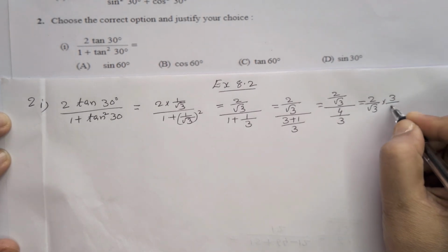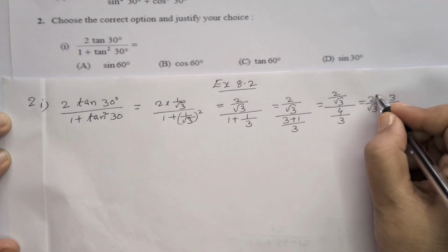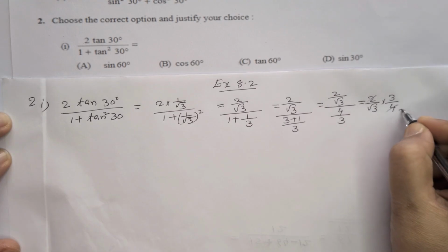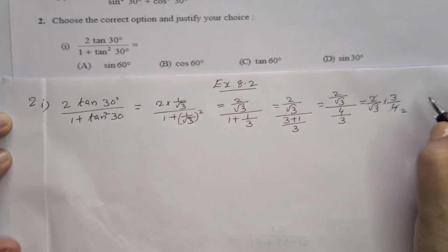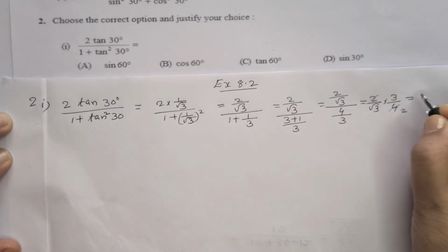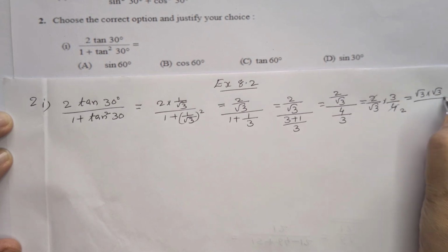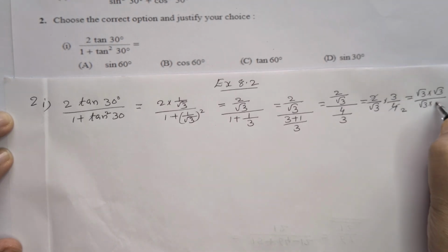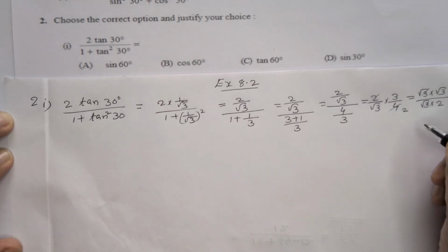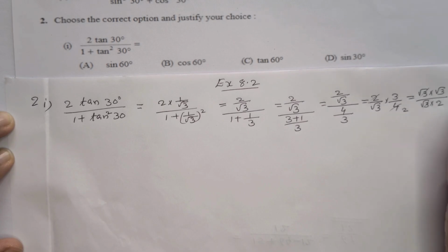So 3 by 4. We can simplify by 2, here 2 times, and this we can rewrite as 3, we can write as root 3 into root 3 by denominator root 3 is there and also this 2. So 1 root 3 it will cancel, which is equal to root 3 by 2. That's the answer.